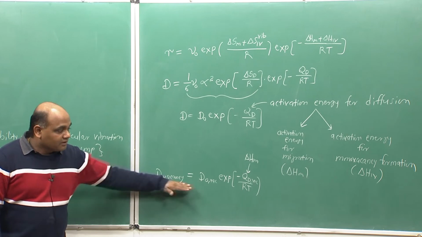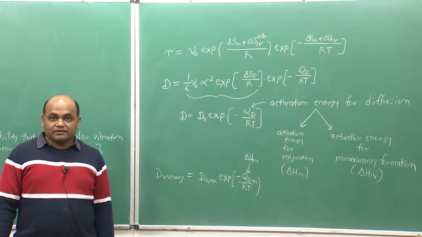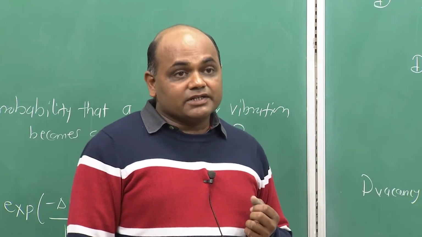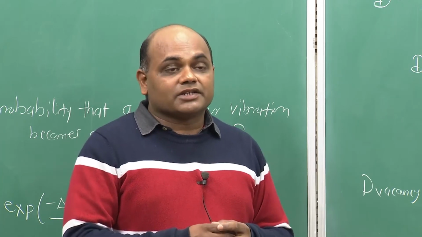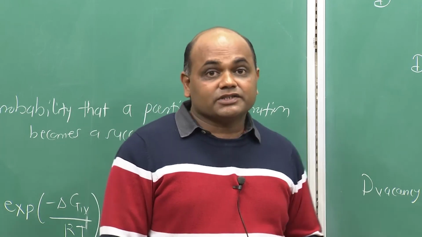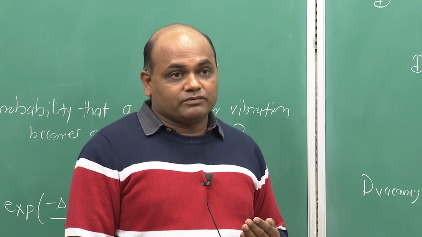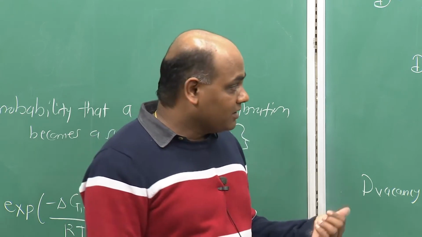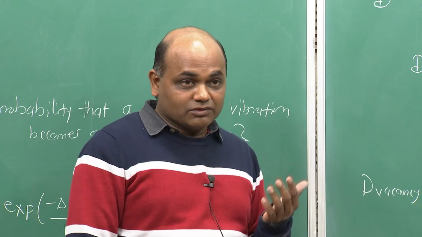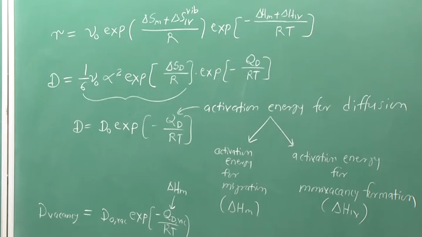A similar equation will be valid for interstitial diffusion, because an interstitial occupying a void generates a lot of strain within the crystal lattice. So, typically the equilibrium concentration of interstitial atoms is very low. For example, in FCC steel, the maximum solubility of carbon is only 2%, whereas in BCC the maximum solubility is about 0.025%.